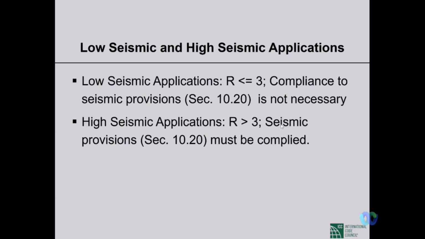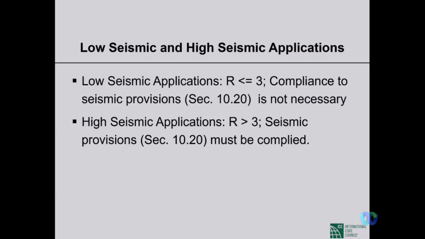It is said that the seismic provisions, which is the last section of chapter 10, we have to comply with if the R value, that is response reduction factor in seismic loading, is considered more than 3, that is, we reduce the load for considering the inelastic capacity of the structure.